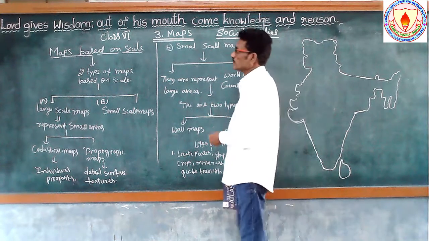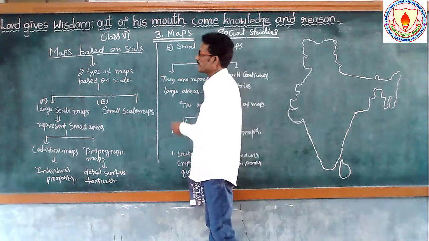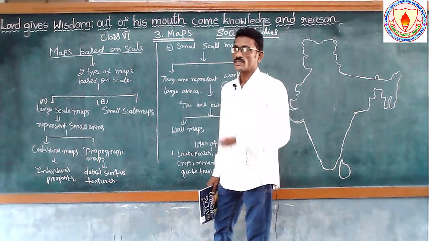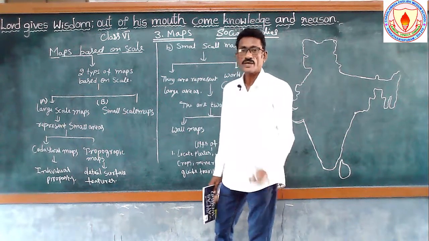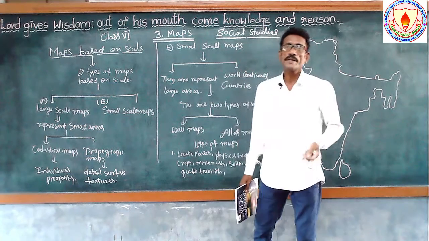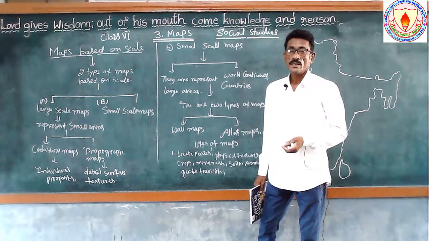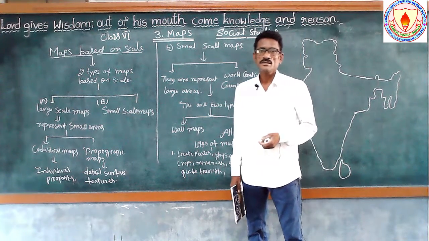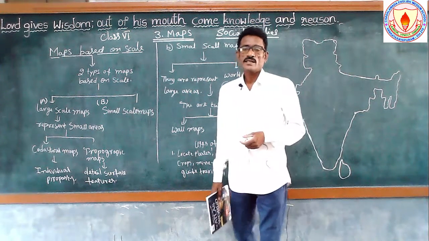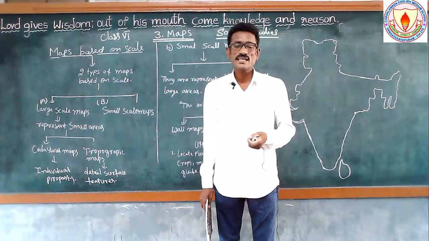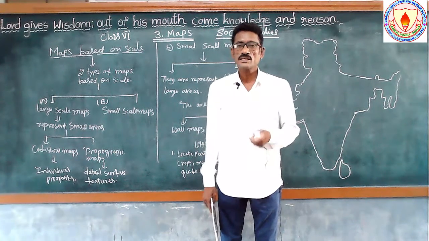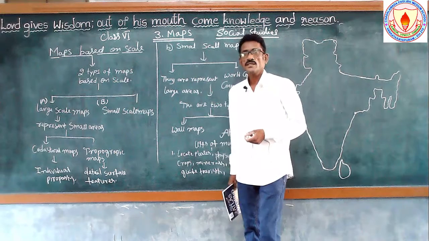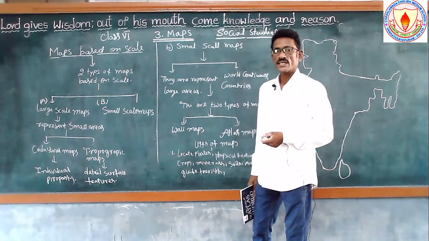Here, before explaining these maps based on scale, we are going to recall what the main components of maps are. One is direction. You know very well that the major directions are north, south, east, and west.